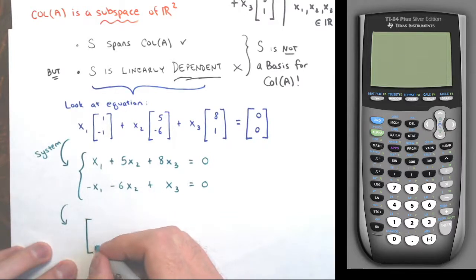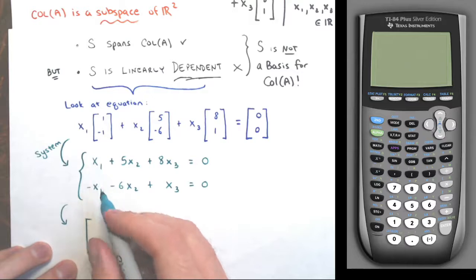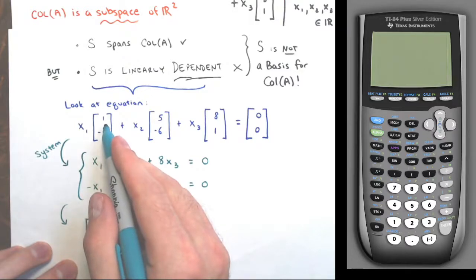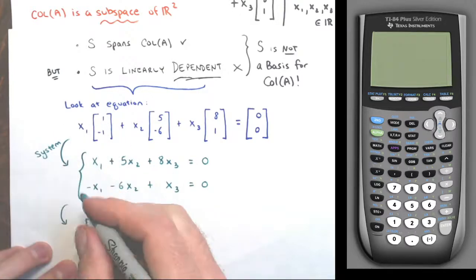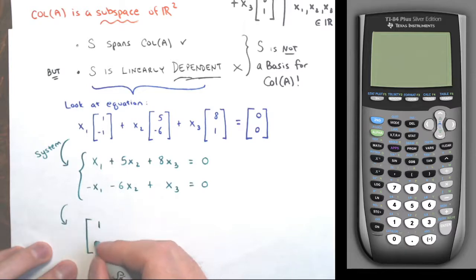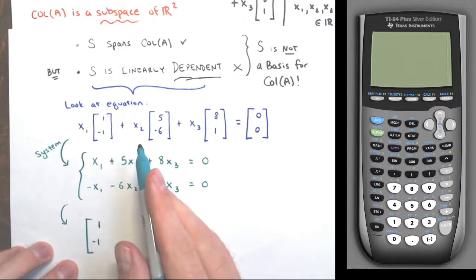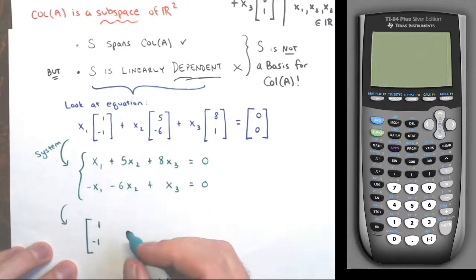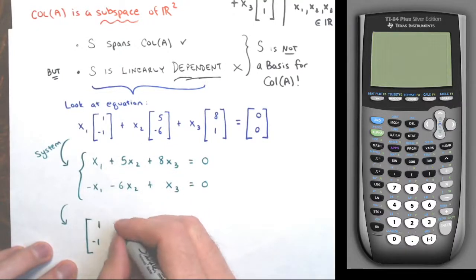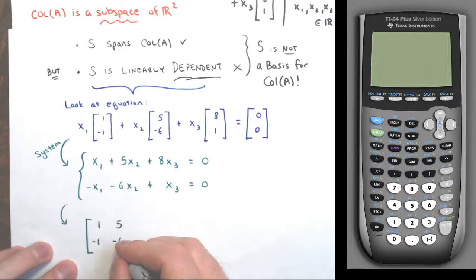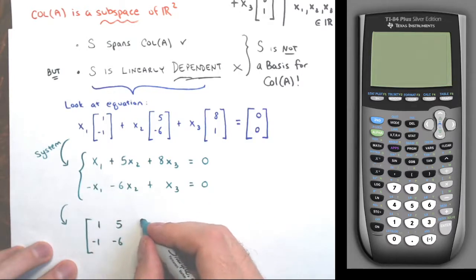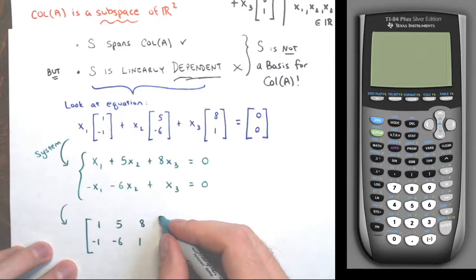Down the first column, you have the coefficients of x1, which are just the first column of matrix A: 1, negative 1. Down the second column, the coefficients of x2, the second column from matrix A: 5, negative 6. Then the coefficients of x3, 8, 1, and equals, and then you have zeros on the other side.